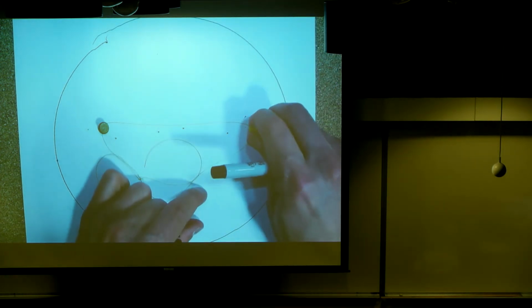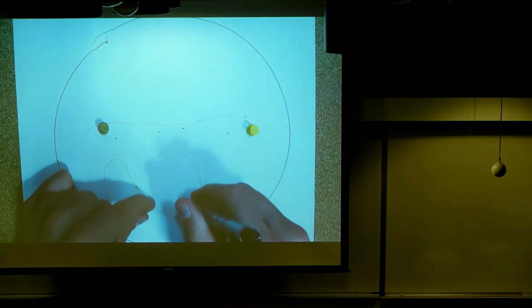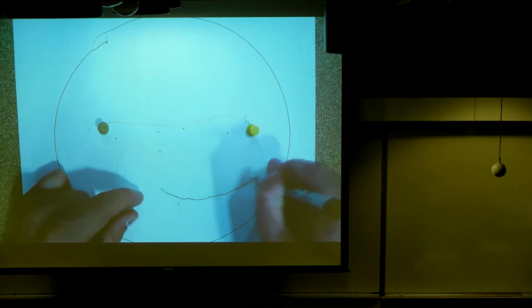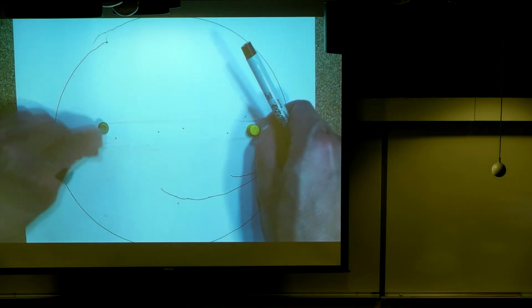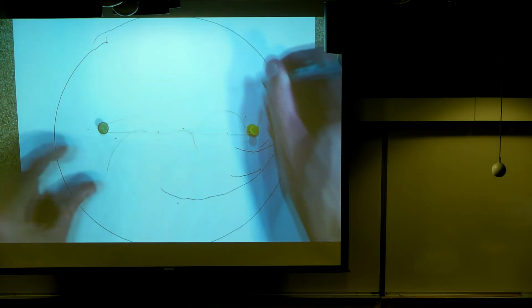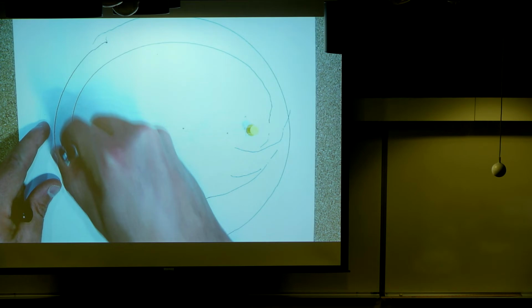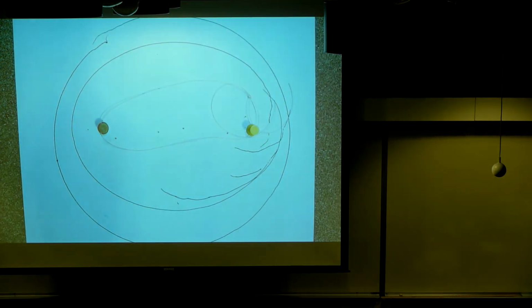Something like this. Yeah, that looks pretty good. Okay, here we go. Okay, so you see, I put the focal points further apart and I got a more elongated ellipse.